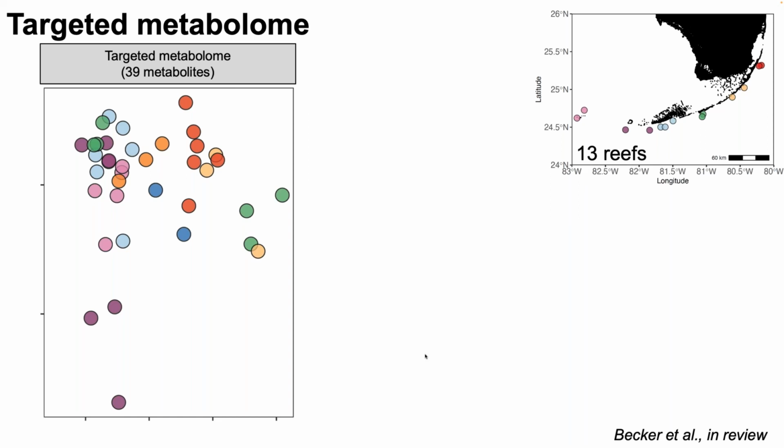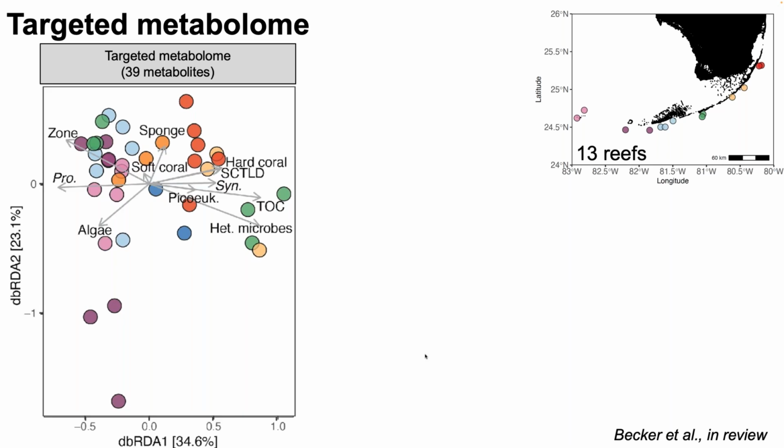You're looking at the metabolites from 39 targeted metabolomes, so 39 metabolites that we quantified in this study. Each dot represents the relative abundance of those 39 metabolites. There is also some zonal-based color clustering in this graph.